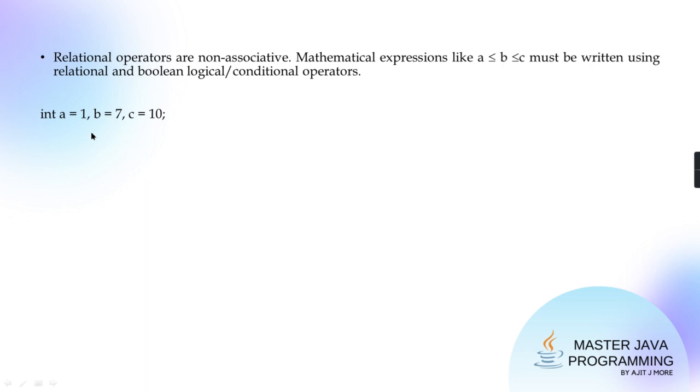Okay? See here. Now this is one example. Tell me, is it illegal here? If I write A less than or equal to B less than or equal to C. Why is it illegal? Because think that if it is legal, then the associativity will be left to right. So when it goes left to right, tell me what will be the result of A less than or equal to B? In this context true, but Boolean.